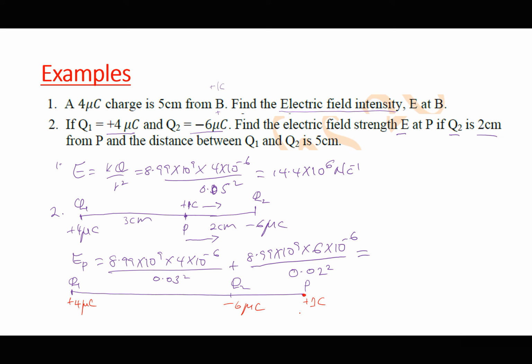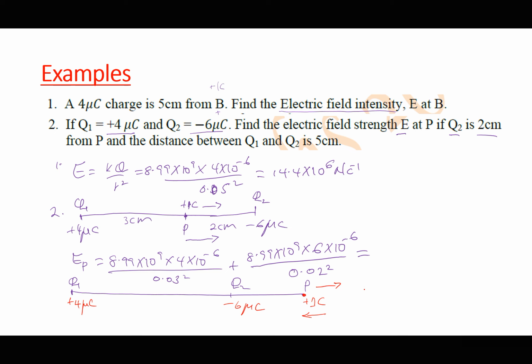A unit positive charge placed at point P. So you will realize that if I consider Q2, Q2 attracts it to the left, and yet Q1 repels it to the right, because Q1 is positive, they repel. Q2 is negative, they attract.